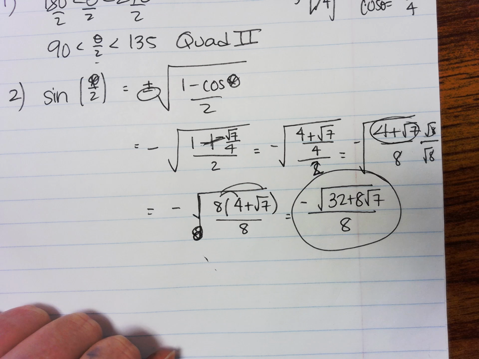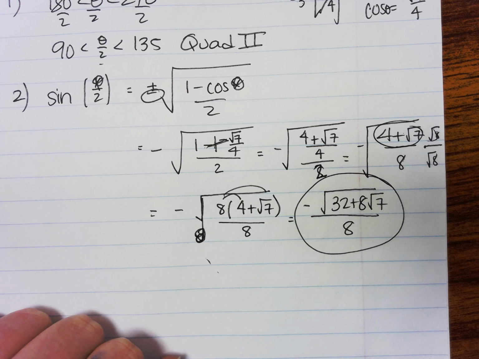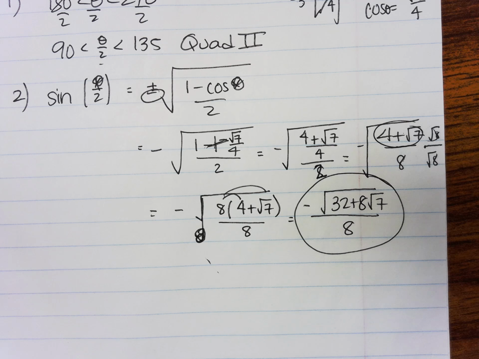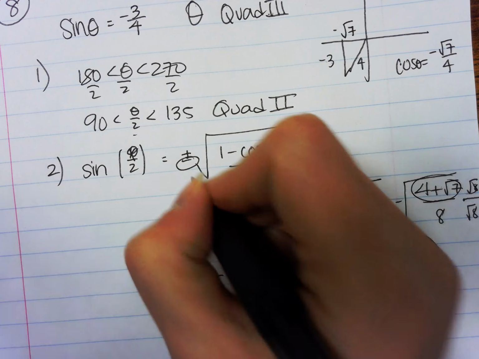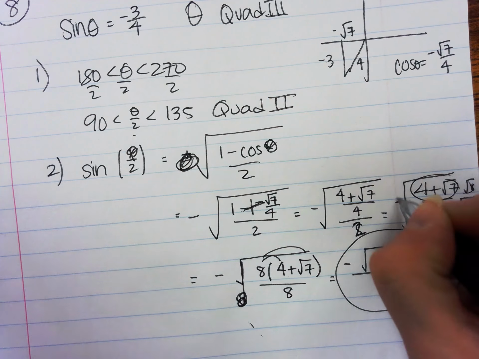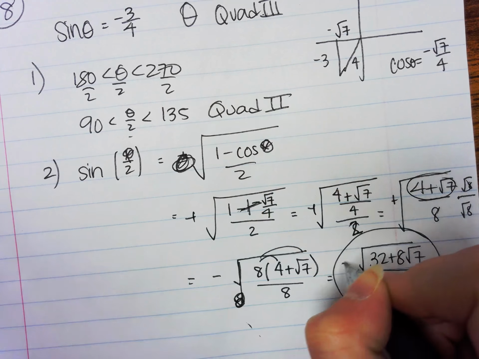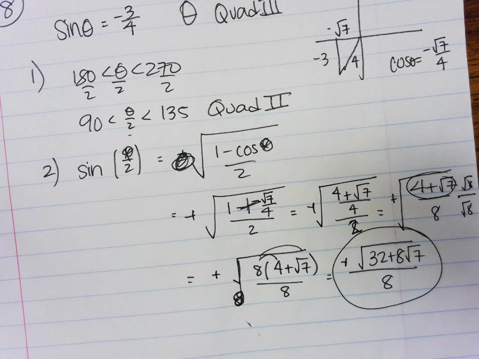Okay. So then for the next one, finding cosine of theta over 2, we do the same process. This is positive, sine's positive in quadrant 2.